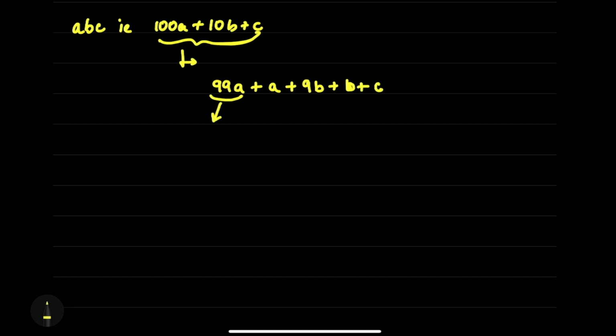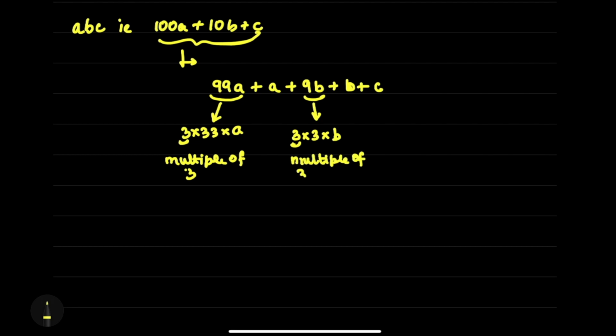So we know 99 is 3 into 33 into A. As 3 is a factor, we can say this number is a multiple of 3. Similarly, for 9B, we have 3 into 3 into B. As we have a factor of 3, this is again a multiple of 3.